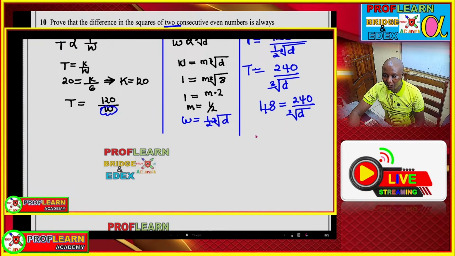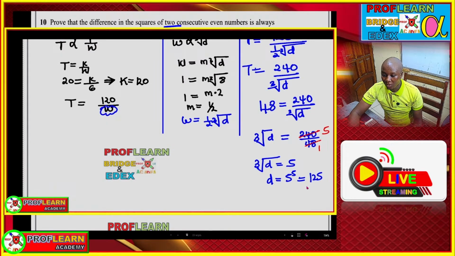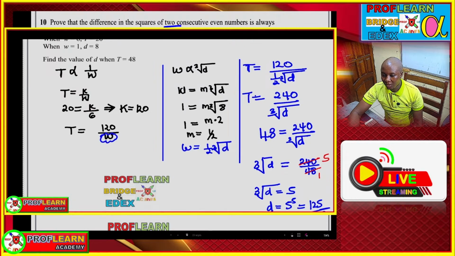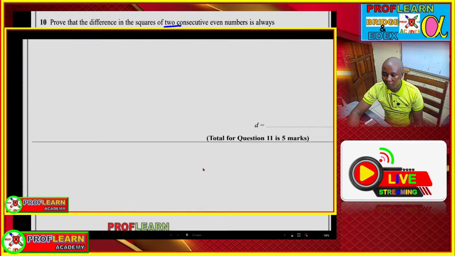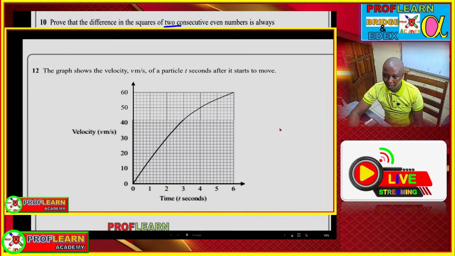So at that given point, we can make d the subject of the formula, whereby we're going to simplify this. We shall get 5. Then finding the cube both sides, our d now translates to be 125. So basically, that's what you are supposed to do whenever you are given a question like that. So we can transfer that down here just to make the examiner happy.